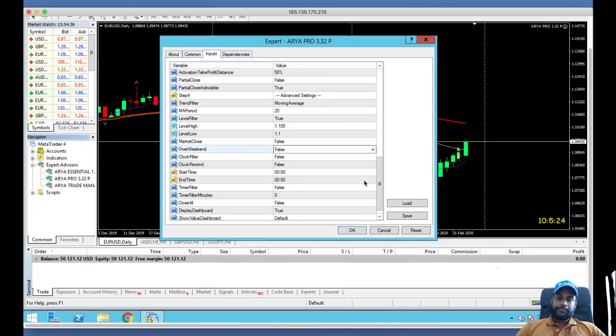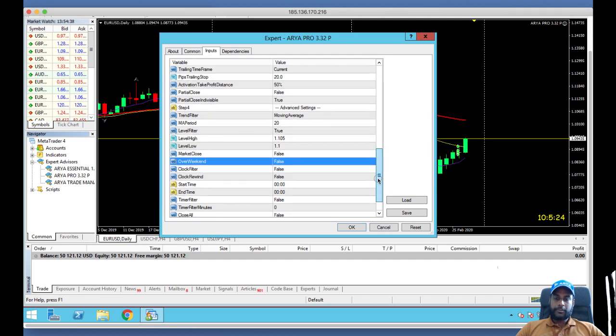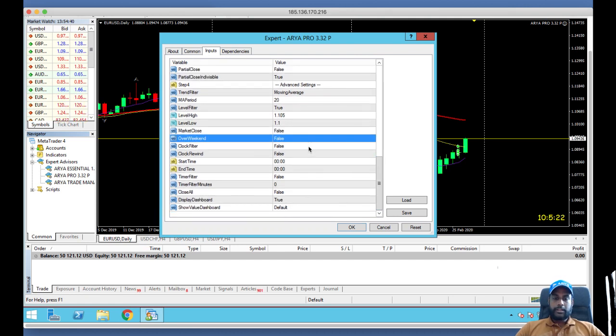Clock filter. This is an interesting parameter because it allows you to tell Arya when to trade. Let's have an example. I want Arya to trade only between 9 in the morning and 8 tonight. So you put, for example, here 9. It will be 9 a.m. And here you can put 20.